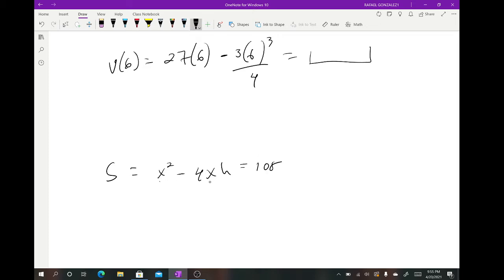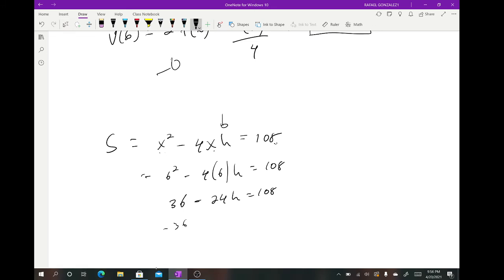If you plug in 6 into this and solve, then you'll get the solution for h. So you have 6 squared minus 4 times 6 times h equals 108. It's actually much easier than doing this one. So you get 36 minus 24h equals 108.